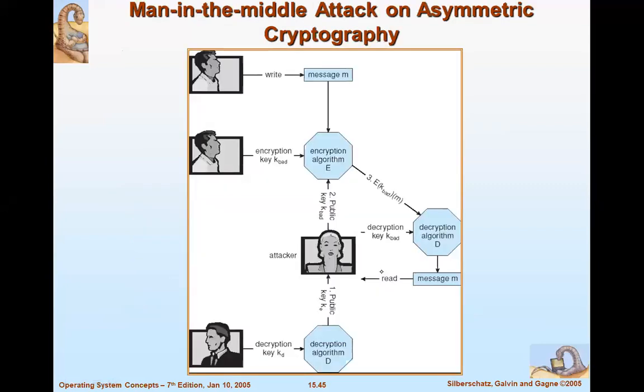Similarly, you can see here in this diagram, there may be the possibility of a man-in-the-middle attack on symmetric key. Here you can see that the sender writes a message and encrypts it with the key, and look at step 2 over here.